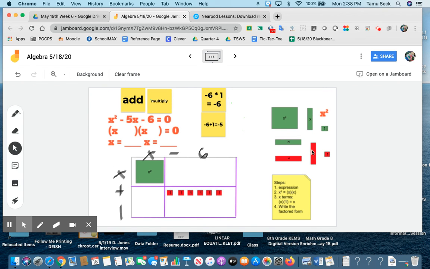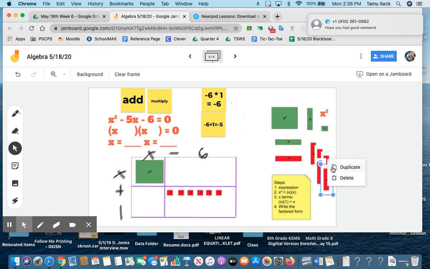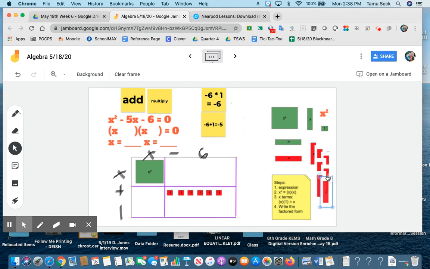So we're going to put 6 negative x's. x times 1 is 1x.